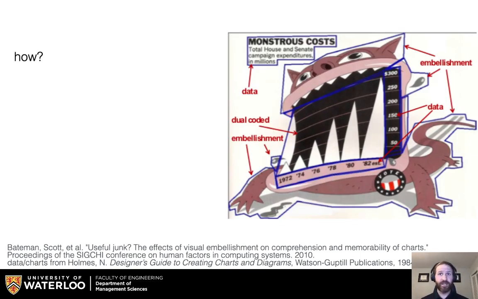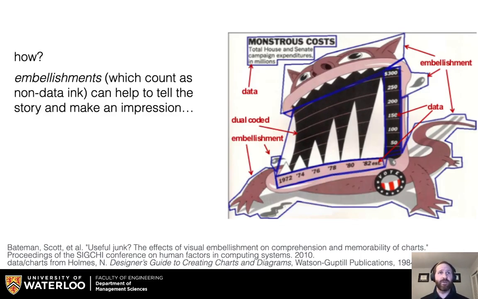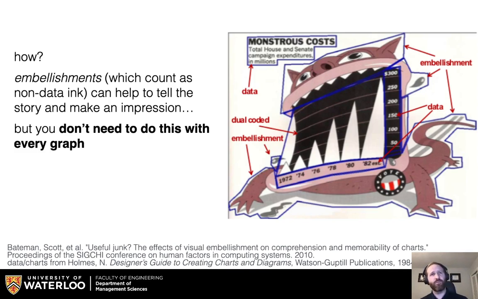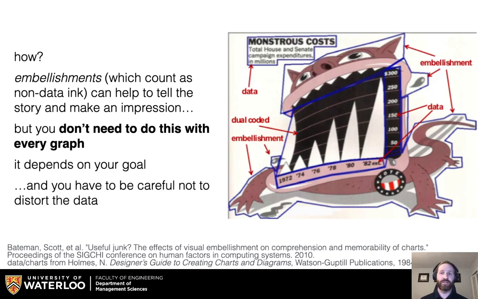So how do they achieve this? Well, the embellishments, which count as non-data ink, this is the chart junk, can help to tell the story and really make an impression. But like I said, you don't want to do this with every graph. It really depends on your goal, and you have to be careful not to distort the data.